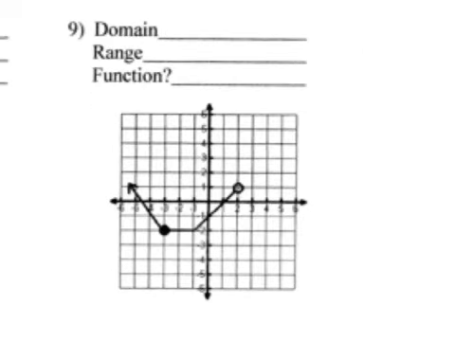Okay, in this last example we want to determine if it's a function, so I will do the vertical line test. And it looks like everywhere that I draw a vertical line, I'm only going to go through it one time. So yes, it is a function. Now we need to draw our boundaries if possible. So I will take my pen and there's a boundary on the right side here.